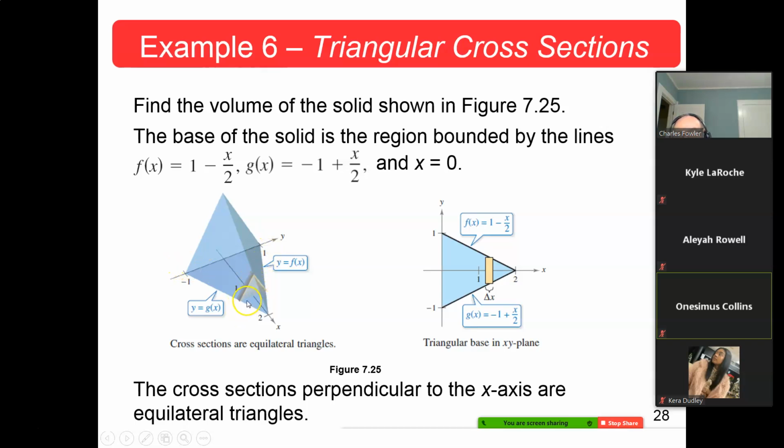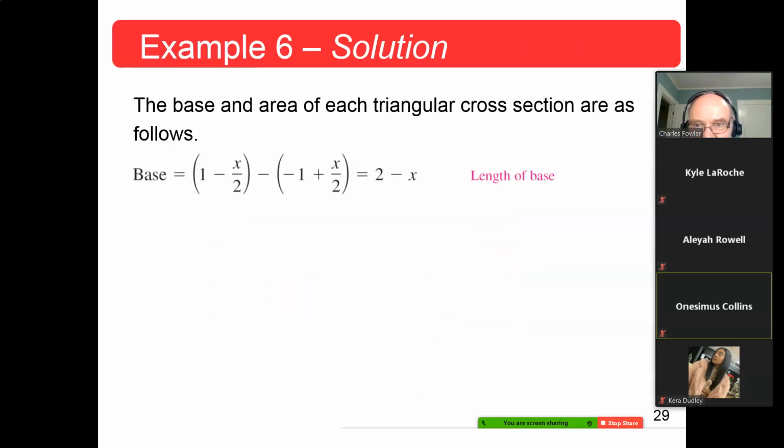So this base, which we just determined would be twice your f of x, is also the length of this slant side and that slant side. Well, the height of that triangle would be square root of 3 over 2 times that length, because that is what you get. But we'll get to that in a minute. Let's not get ahead of ourselves.